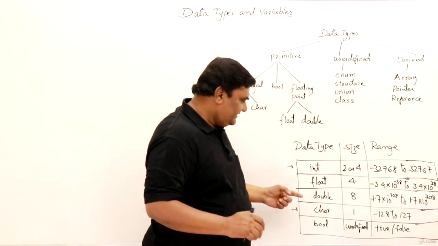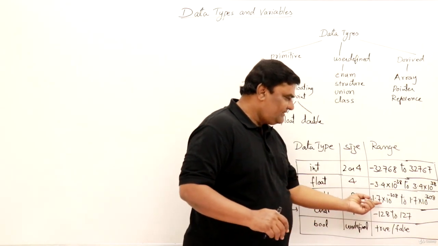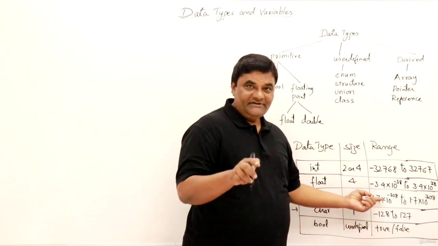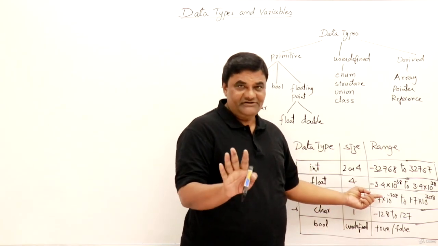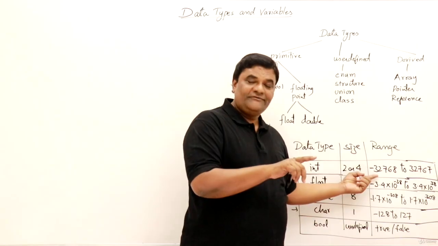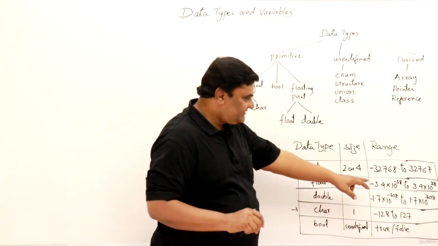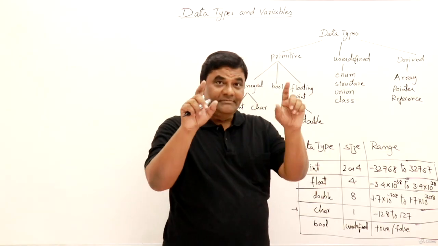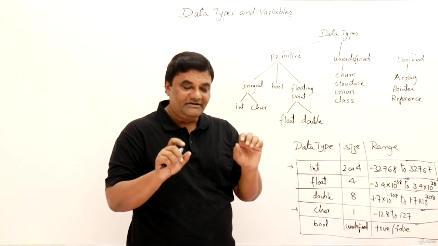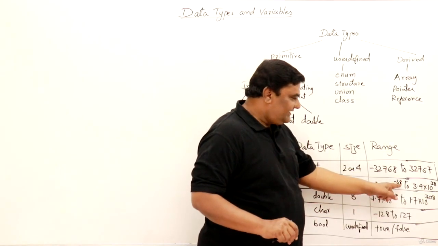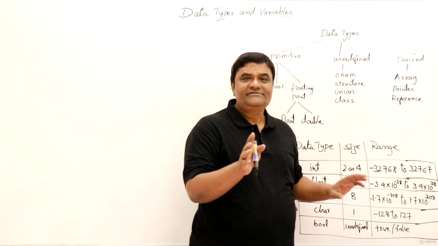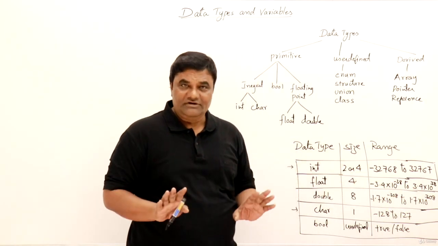How to remember them: double has the number 1.7. If you can remember this, it is sufficient. For float, double that 1.7 and it becomes 3.4. And the exponent is 38 for float, so it is 308 for double. This way you can remember it, if at all you want to.